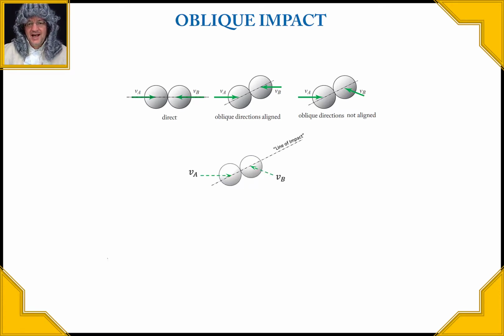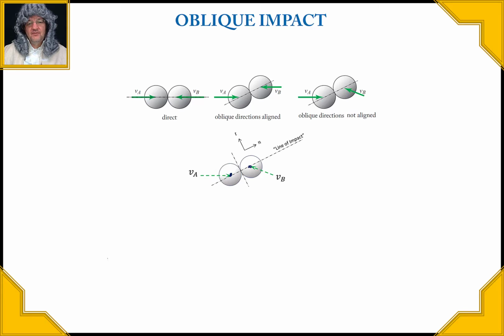So we define the line of impact as being through the center of the balls. That's the best way to approach and figure out where it is going to be. We define that as the normal axis, and we have a tangential one that is perpendicular to it. An important first step is to create that coordinate axis on the diagram.